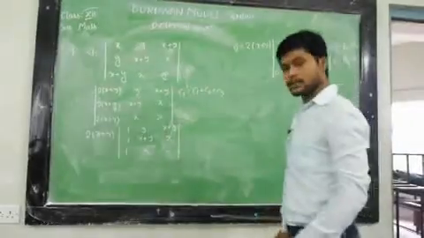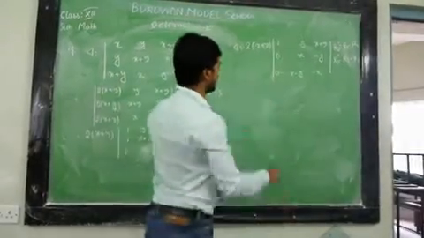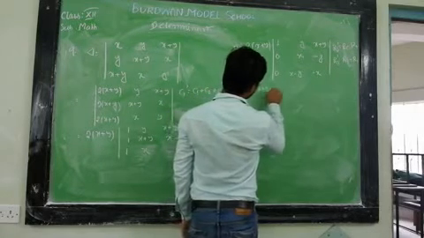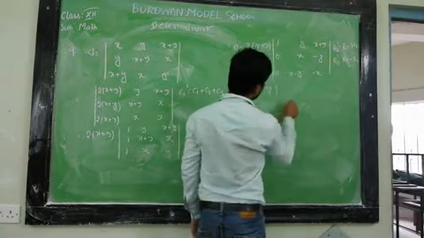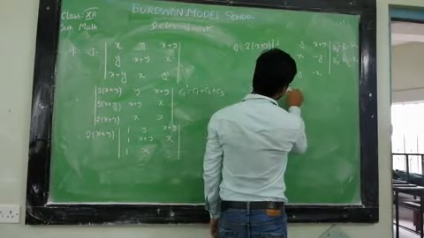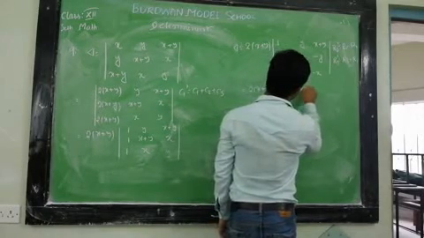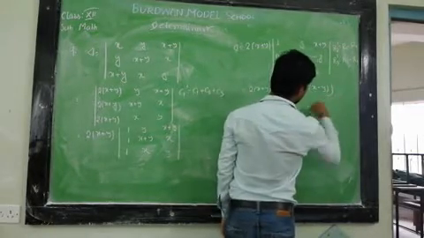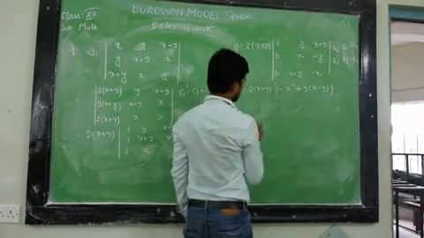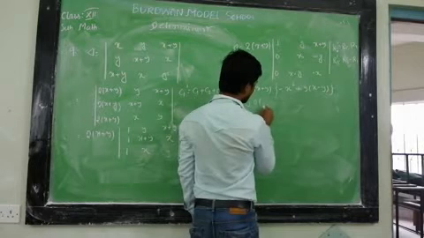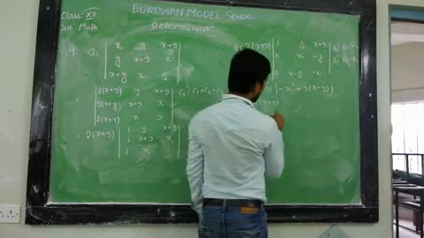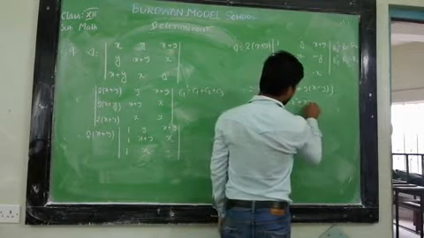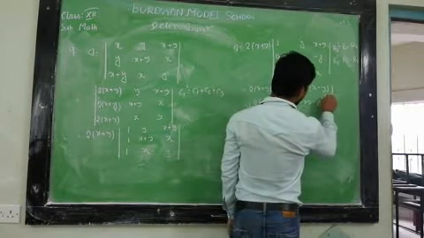Now if you expand the determinant along the first column, we have 2 into x plus y into minus x square plus y into x minus y. That means 2 into x plus y into minus x square plus xy minus y square.